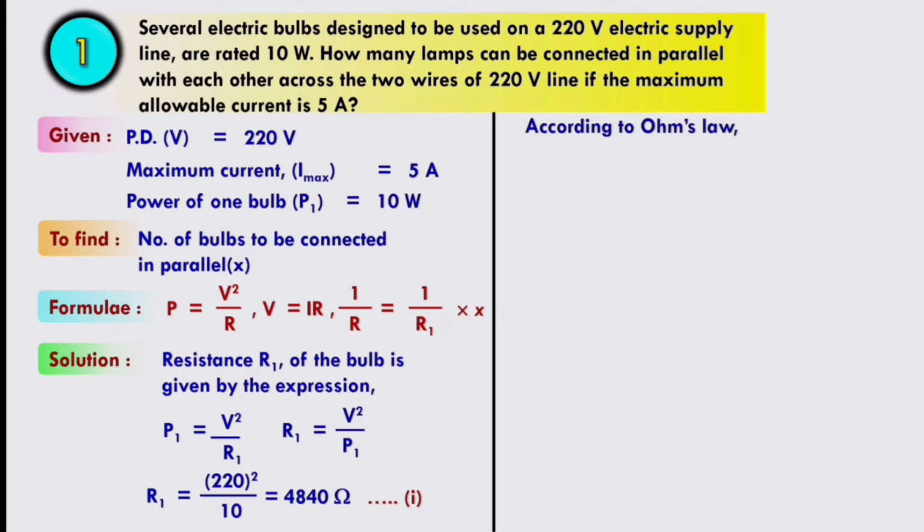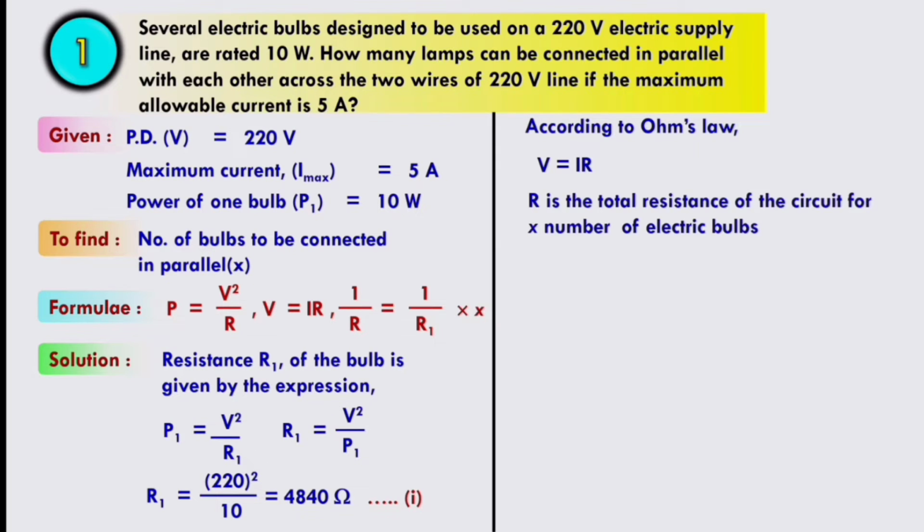Now according to Ohm's law, V equal to IR. Here R is the total resistance of the circuit for X number of electric bulbs. Alright, so R equal to V by I. V is 220 and I is 5 ampere, so we will get 44 ohm, and mark this also as equation number 2.